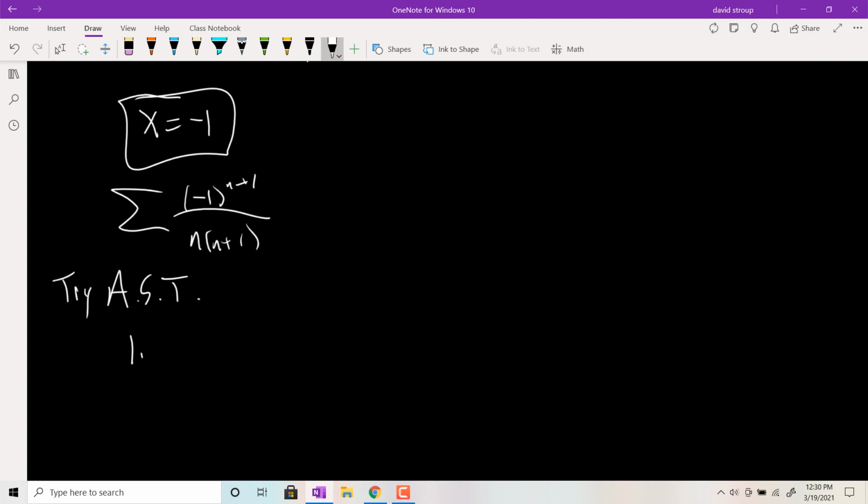And what do we get? Well, the limit, first off, we look at the limit, right? So the limit of 1 all over n times n plus 1 will equal 0. Secondly, the ratio. Okay, so 1 all over n plus 1 times n plus 1 plus 1, which is n plus 2, times the reciprocal of a sub n, which is n times n plus 1 all over 1.